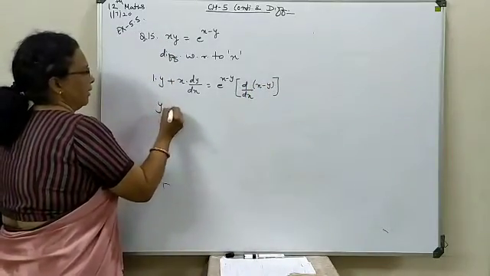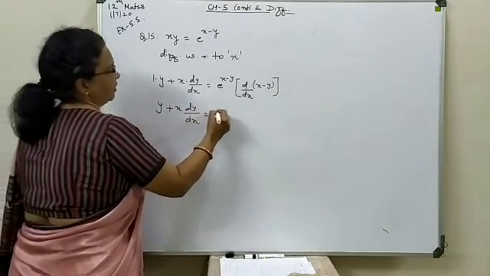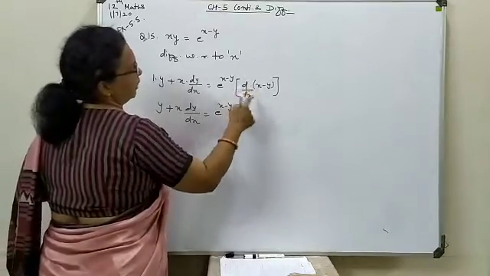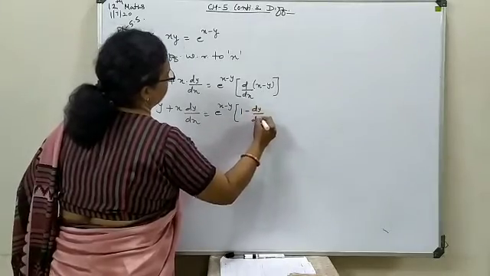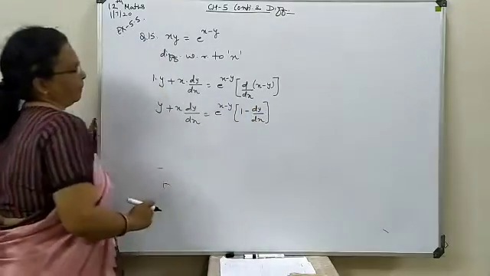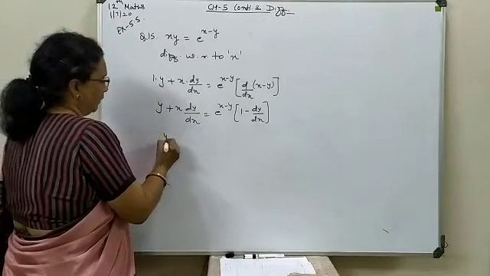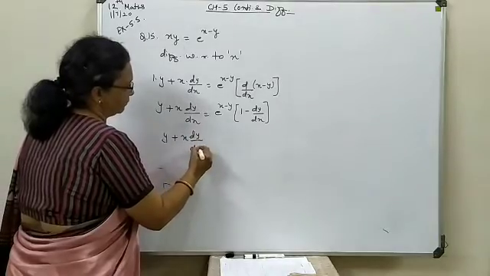Now this will be y plus x dy by dx. This is e power x minus y, times the differentiation of the individual terms, which will give you 1 minus dy by dx. Now separate the terms.